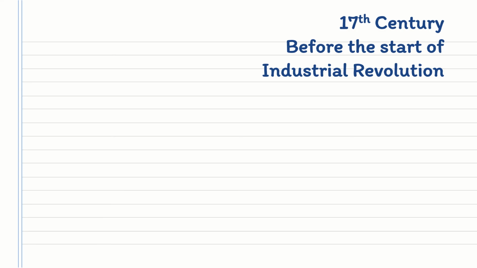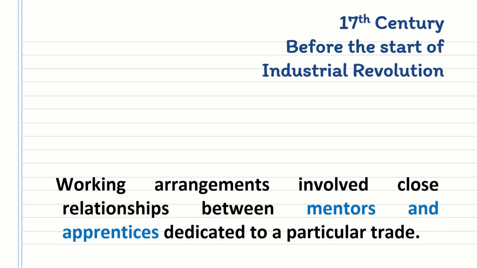In the 17th century, before the start of the Industrial Revolution, the working arrangement involved a close relationship between mentors and apprentices dedicated to a particular trade. So again, this is before the Industrial Revolution. Alam naman natin na noong unang panahon, people or companies and businesses were not as techy as now.